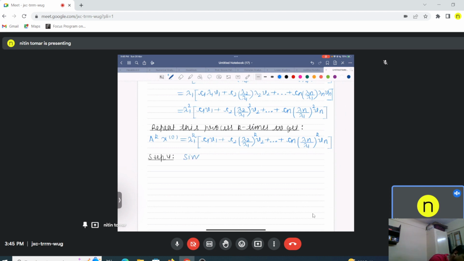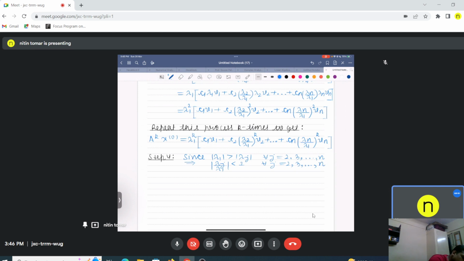Now since lambda 1 is strictly greater than all other lambda j for all j equal to 2, 3 up to n, this implies the modulus of lambda j by lambda 1 is strictly less than 1 for all j from 2 to n.